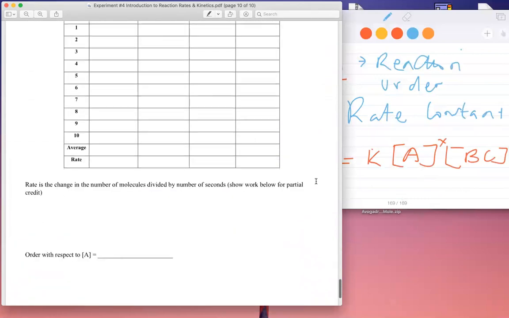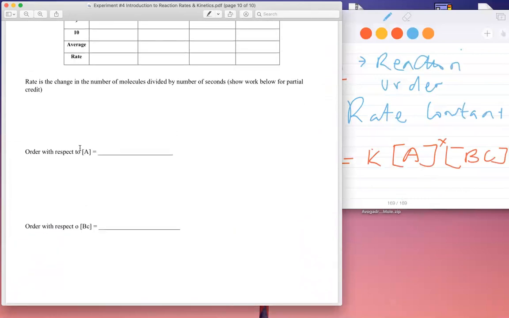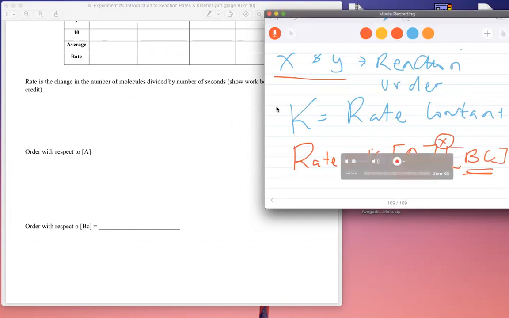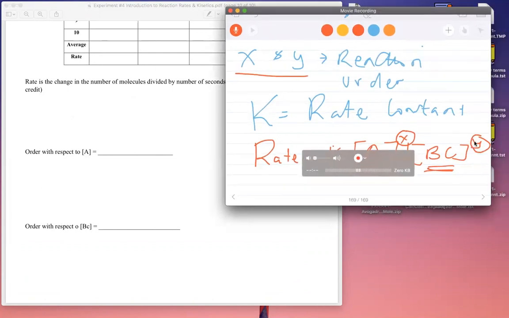Once you collect the data, you'll determine the reaction order with respect to A and with respect to B. If you look at the equation on my whiteboard, there is B here, and then there is A. The objective of this lab is to find the value for x, the reaction order with respect to A, and y, with respect to B. This is the y I am talking about.